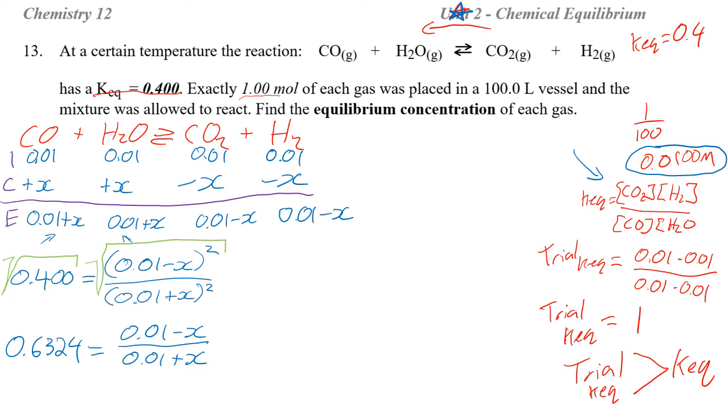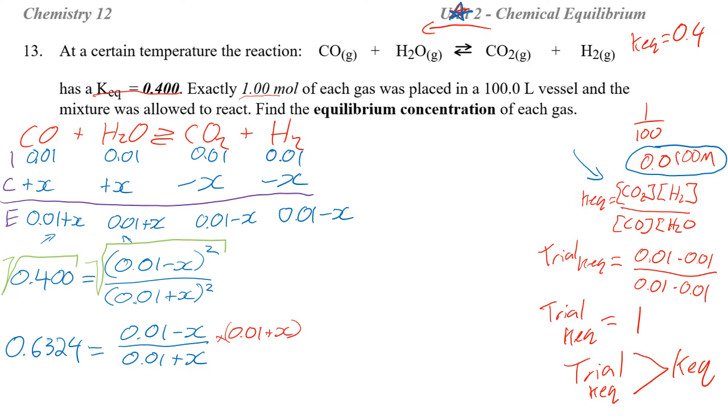Okay. Now for the fun math part, I need to isolate my x, so I'm going to times both sides by 0.01 plus x. I'm going to write this in red, I guess. Times 0.01 plus x.